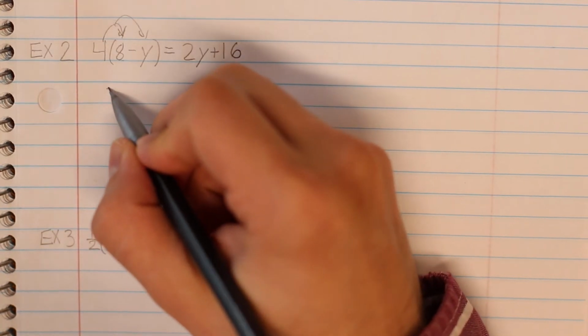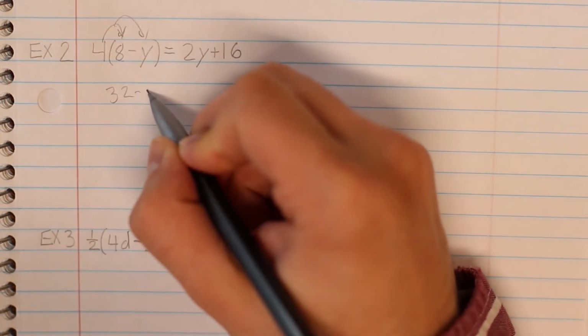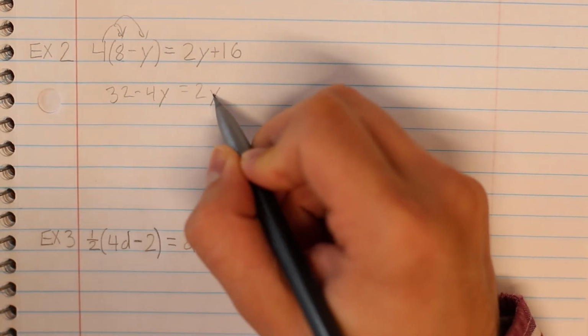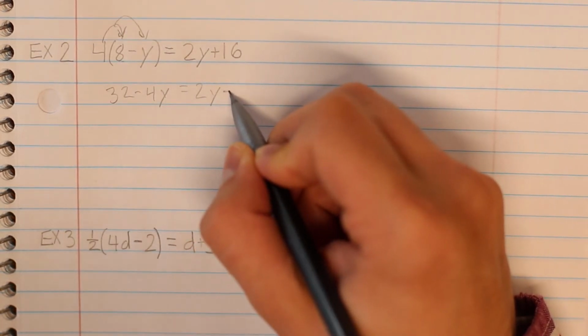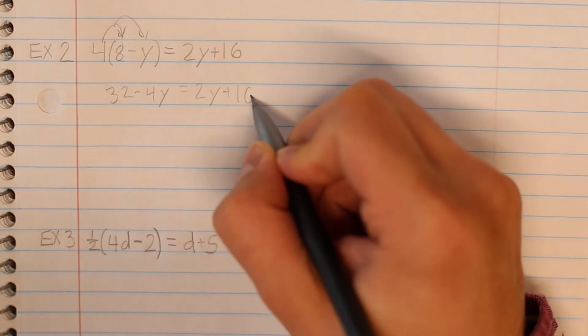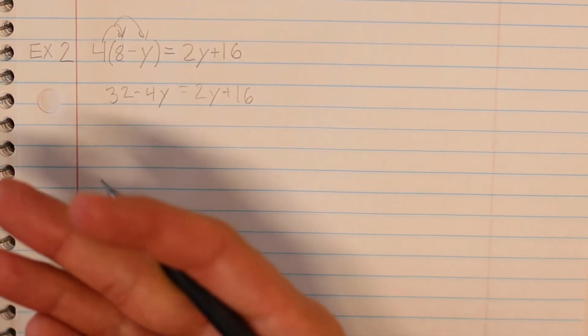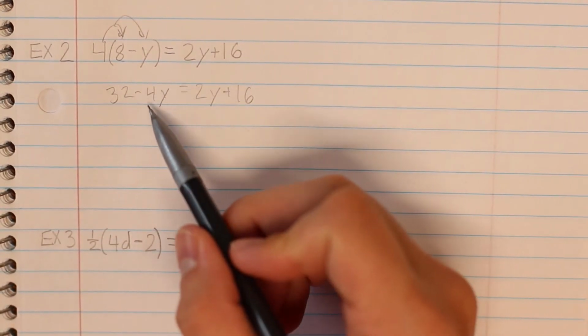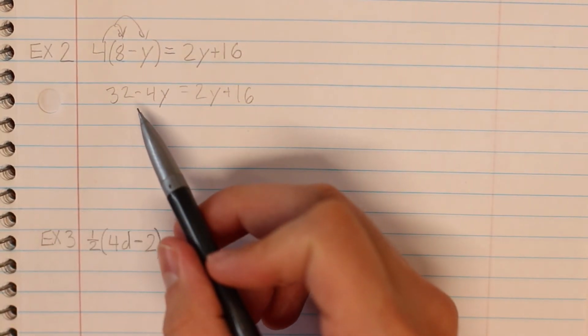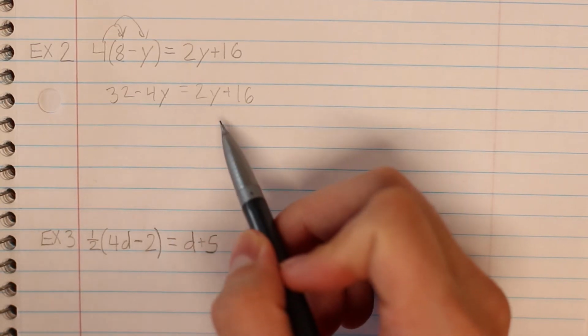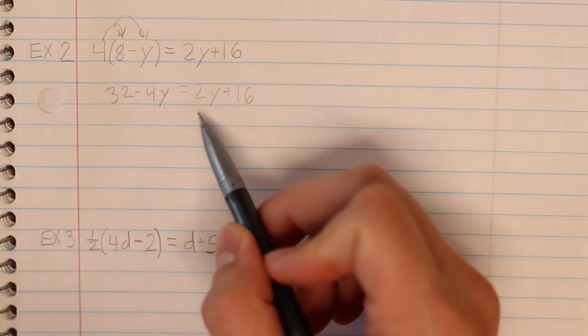And you end up with 32 minus 4y equals 2y plus 16. Now again, I don't know what you would prefer to do. Now we got two options. We got to get the variable to one side, so I could add 4y to both sides, or I could subtract 2y from both sides.